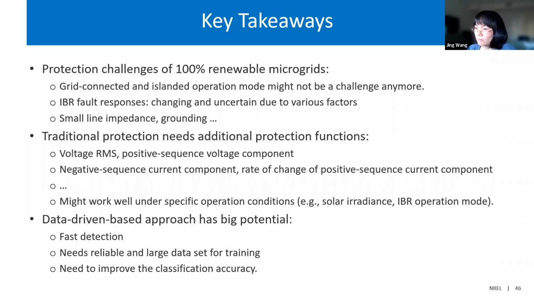It cannot operate across all different scenarios, or otherwise it must be tuned all the time. So this is what we found. And the data-driven approach has really good potential, with very fast detection, but it requires a reliable and large data set for training. And we will improve the classification accuracy. So this is what we found.